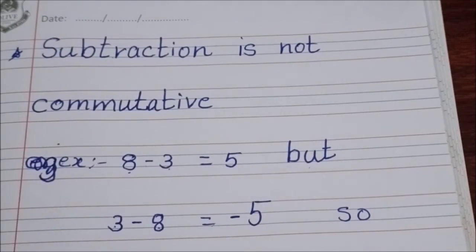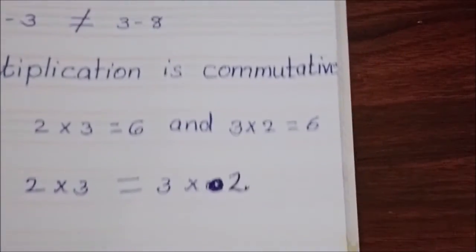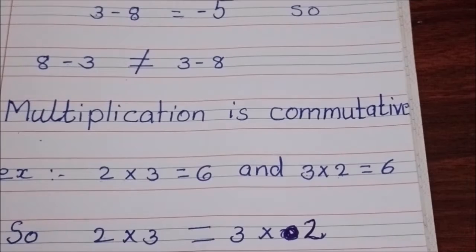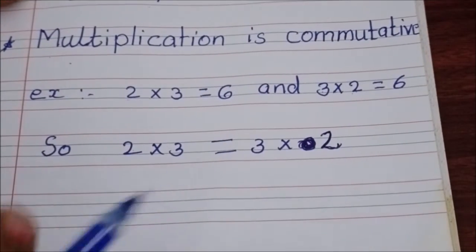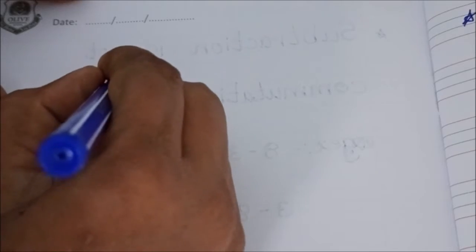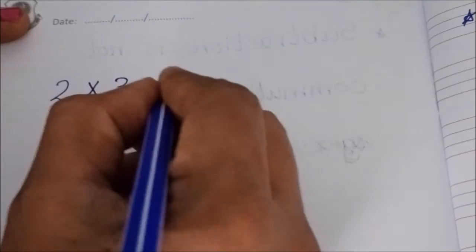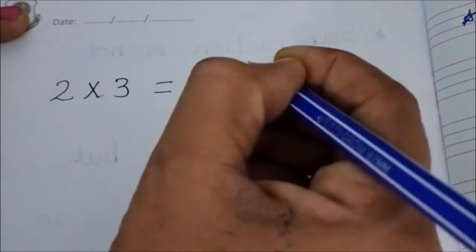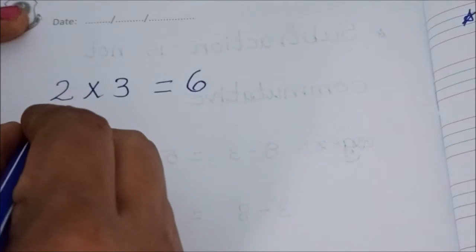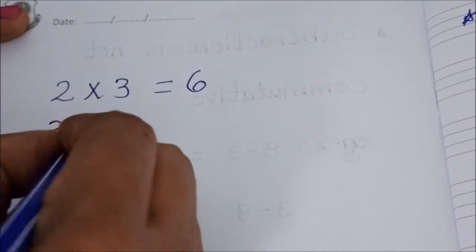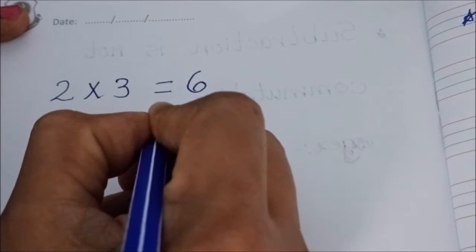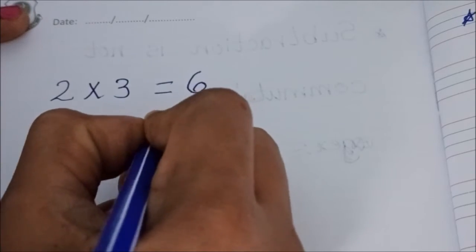And subtraction is not commutative. Next, we will see whether multiplication is commutative or not. 2 times 3 is equal to 6. How about 3 times 2? The order is changed, right?